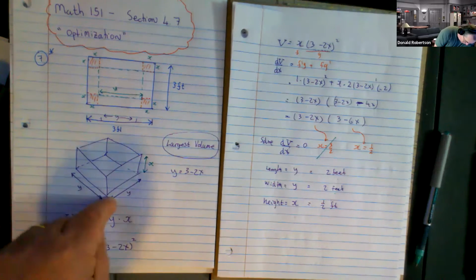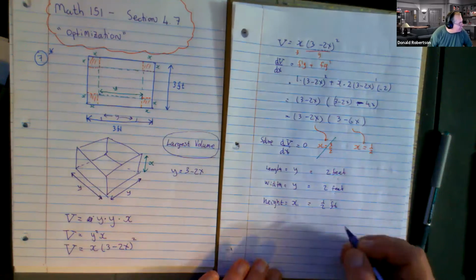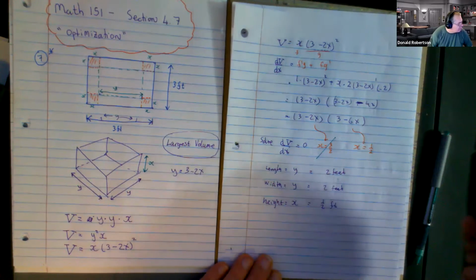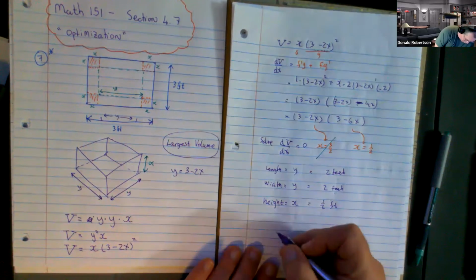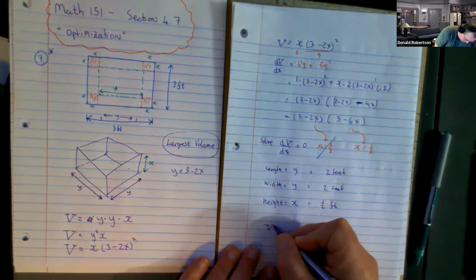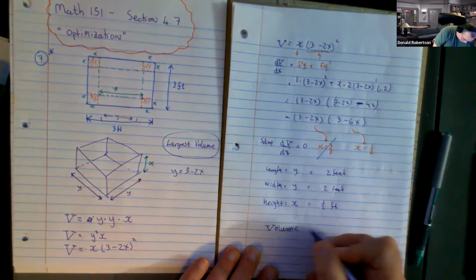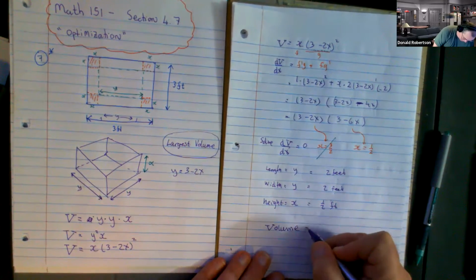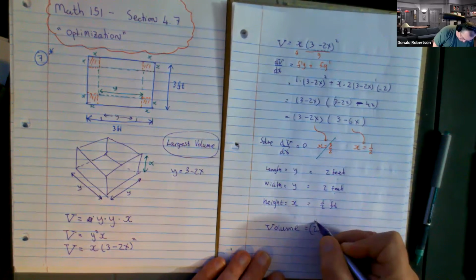If the question says, what does it ask? Because it's important. And if it asks, what is the maximum volume, which is what it asks in this case, you will go 2, times 2, times 1/2, and you will get 2 cubic feet.